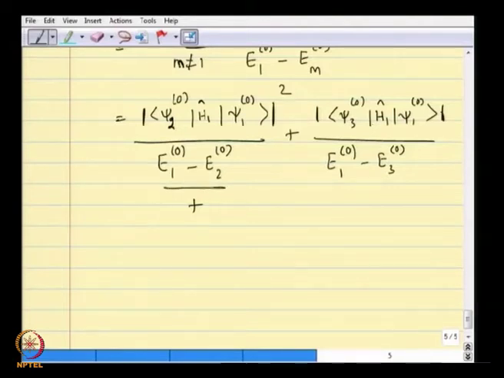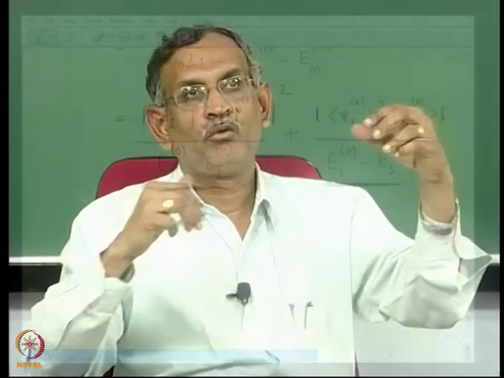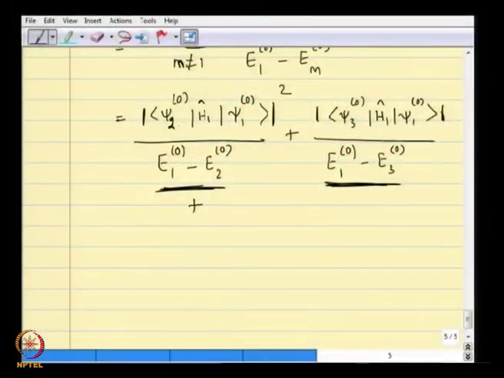If the energies are farther and farther apart, as for the 0 order Hamiltonian 1, 2, 3, 4, etc., and assuming the magnitude of these matrix elements in the numerator are more or less the same and do not vary too much, you would see that these terms will decrease in size.